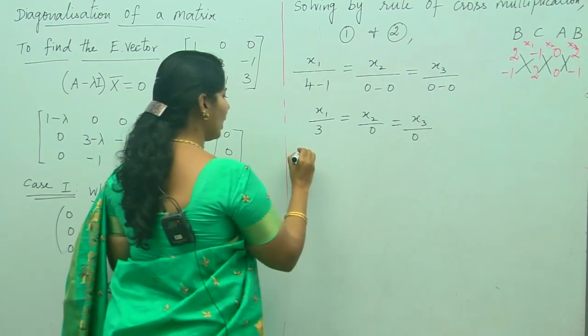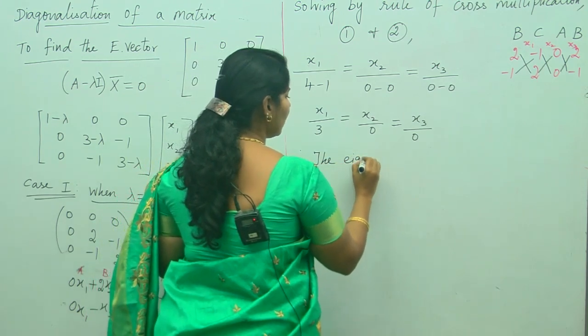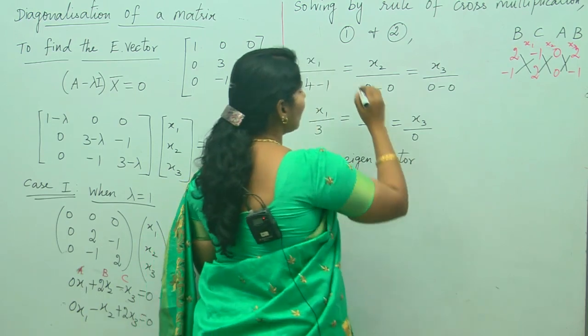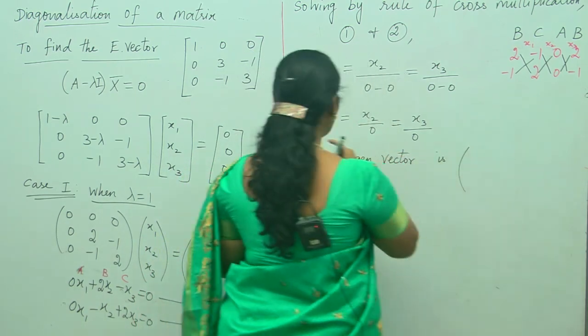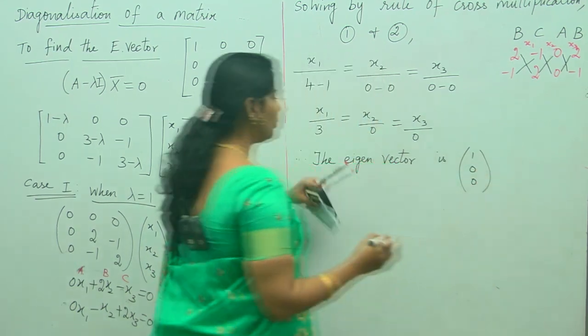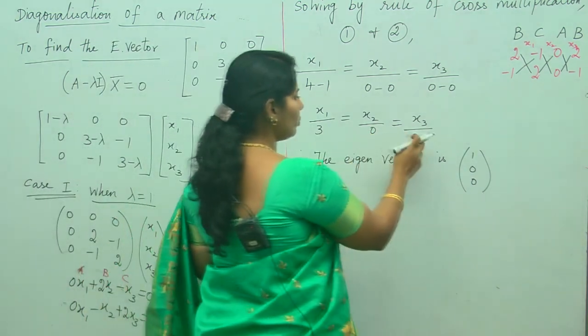So therefore the eigenvector for the corresponding lambda equal to 1 is, you can write this as 1, 0, 0. When you divide by 3 throughout, you will get 1, 0, 0.